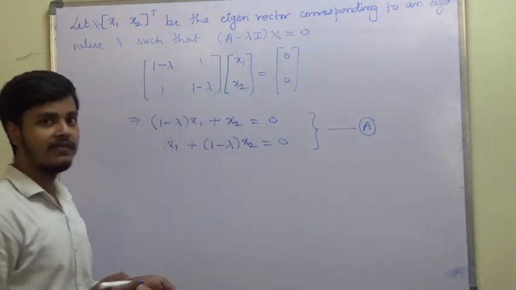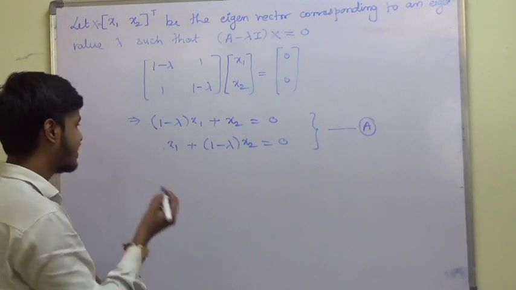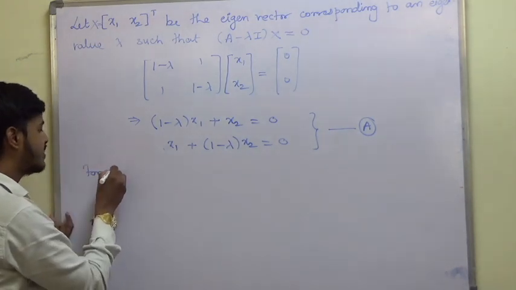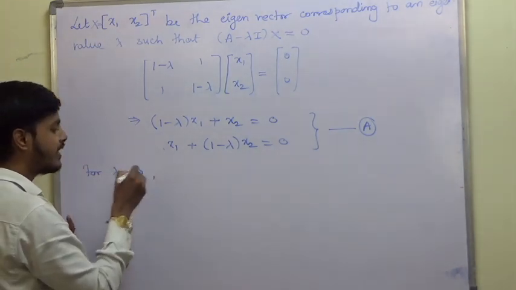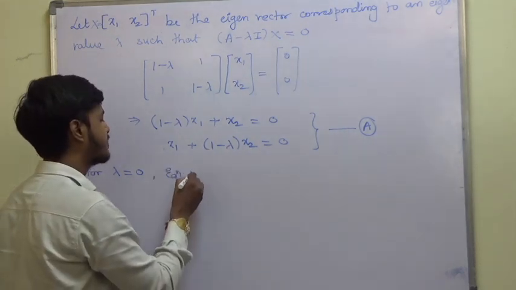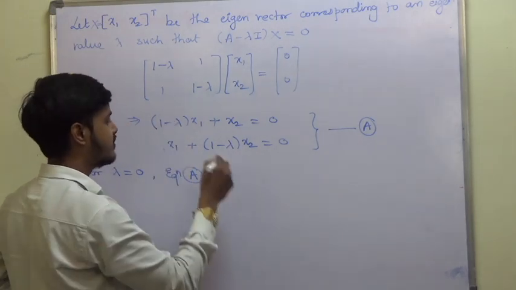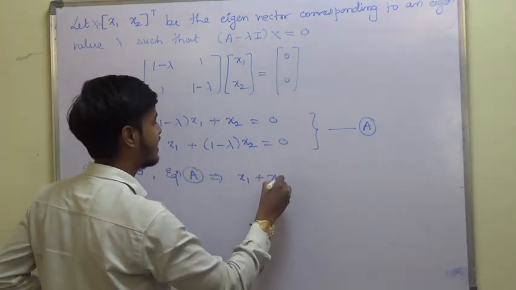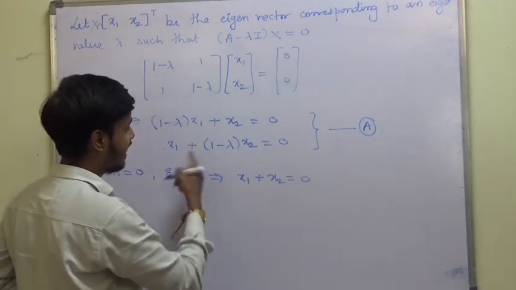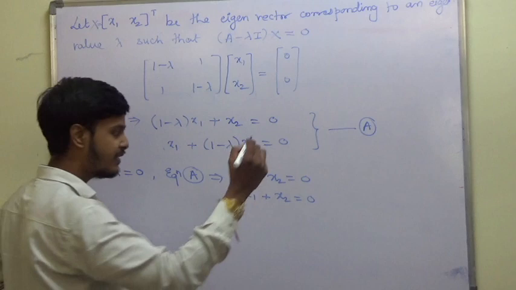Okay. Now we'll find out the eigenvector using this equation. So let us take first of all lambda equal to 0. For eigenvalue lambda equal to 0, equation A will imply, what is it? Lambda equal to 0. So this is x1 plus x2 equal to 0, and this also gives you the same, x1 plus x2 equal to 0.